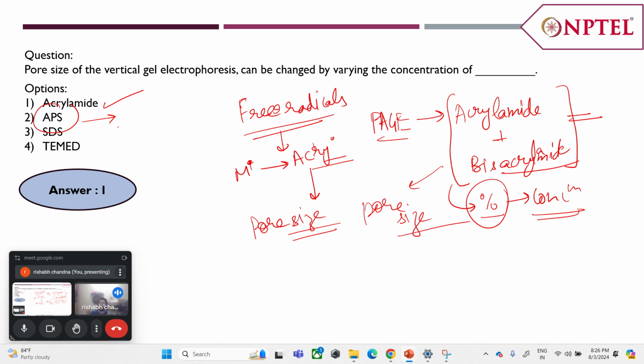So am I clear, or do I need to explain more? Was the explanation clear?